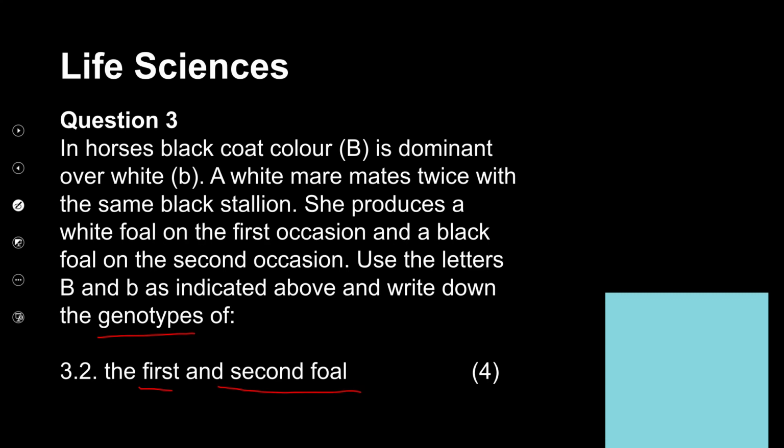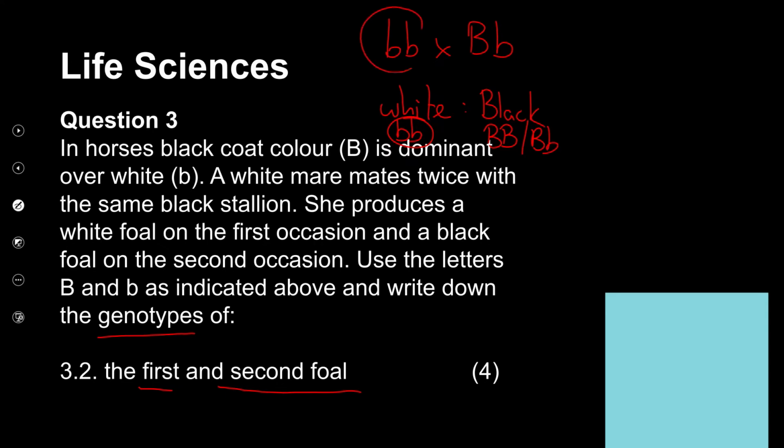Now if you go back to the question, the first foal, if we look at the parents, and I'm going to go back to the parents, we said was white crossed with a black who is heterozygous, and they produced a white foal on the first cross, and they produced a black foal on the second cross. We know that white can only be that, and we know that black could be either. But knowing that the mother is homozygous recessive, it would mean that she has to contribute the recessive allele to each of the offspring.